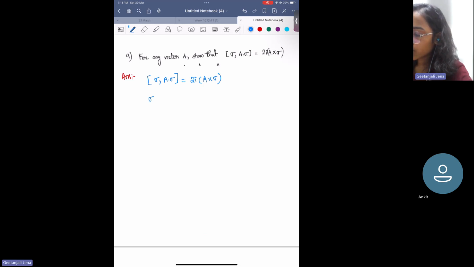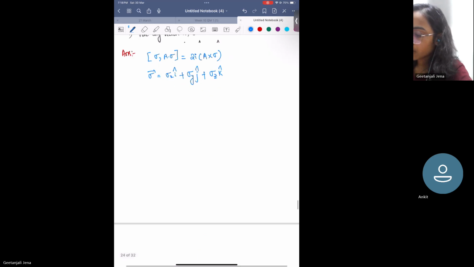Sigma, you know, has three components: sigma x i cap plus sigma y j cap plus sigma z k cap. Similarly, A has three components: ax i cap plus ay j cap plus az k cap.